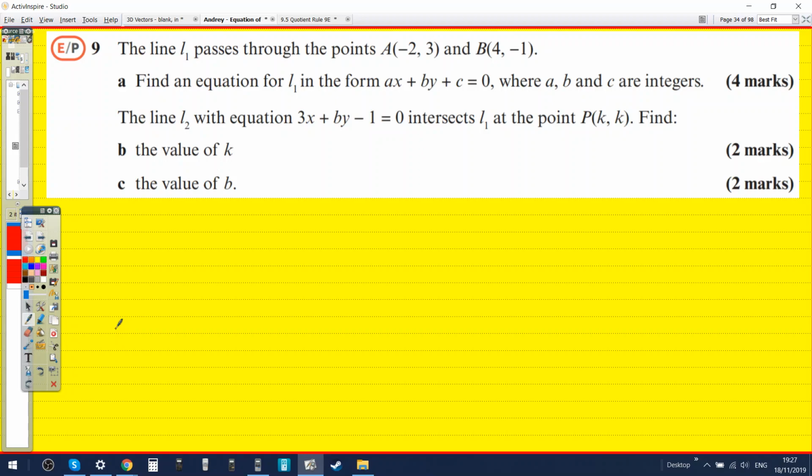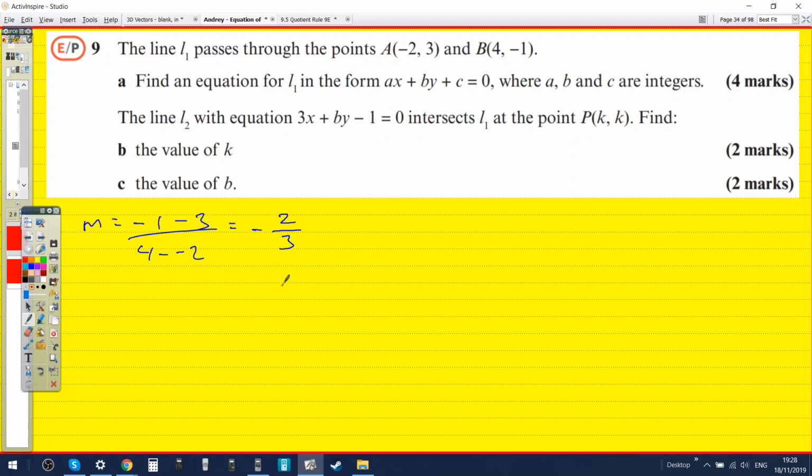I need to find the gradient, don't I? Yeah. Minus 1 minus 3 over 4 minus minus 2, which equals minus 4 over 6, which equals minus 2/3. Mm-hmm.